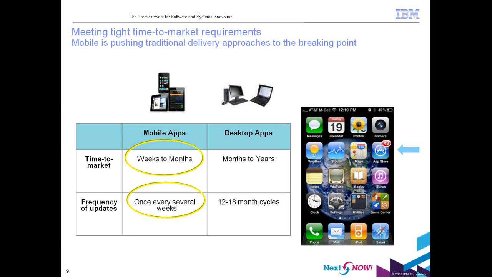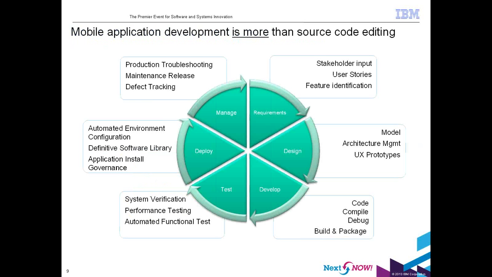Any applications, whether it's consumer applications or enterprise applications, you have new features getting enabled, Google Glass coming up, new technologies, new devices, integration, hybrid applications, and time to market has come down from months to weeks, and the frequency of updates has come down from months to once a week or twice a week in terms of the updates or the upgrades that have been happening. So how do we do this?